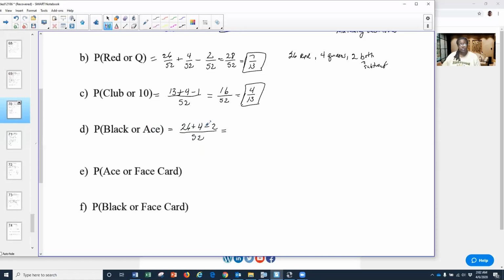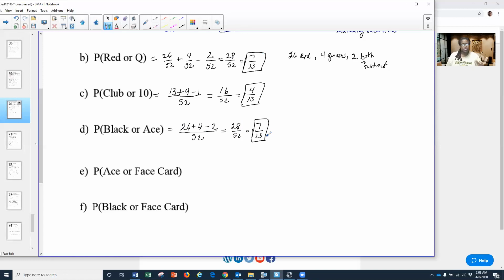So we have 30 minus 2, which we know, if you look, we already did the math up here, right? So we know that's still going to give us 28 over 52, which equals 7 over 13. You see how a lot of times when you're dealing with these problems, you've already done it.